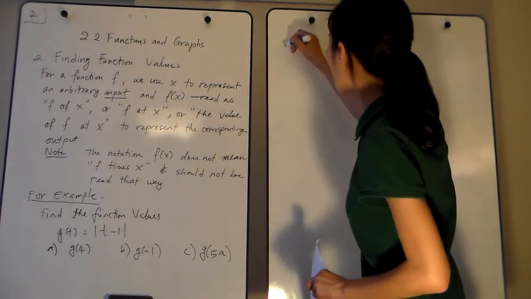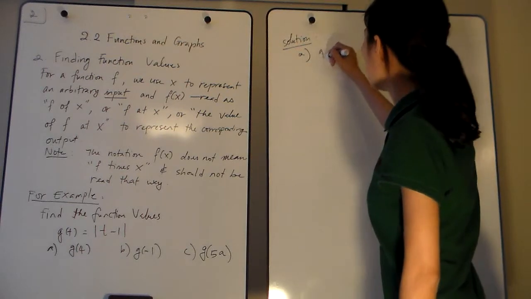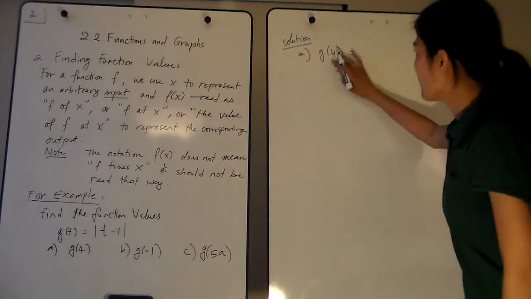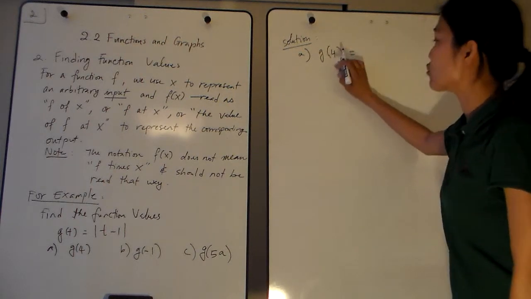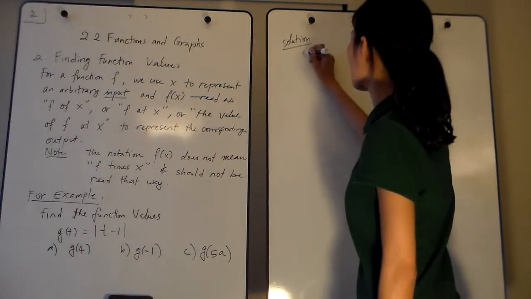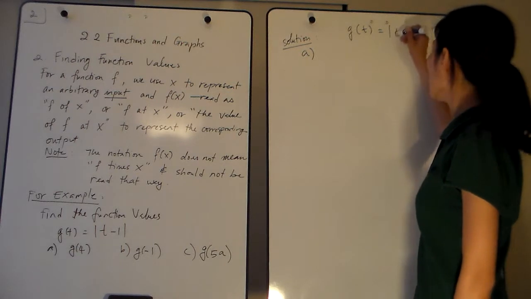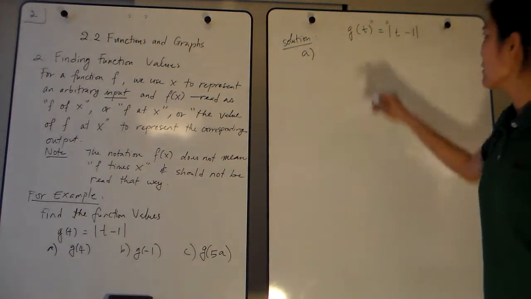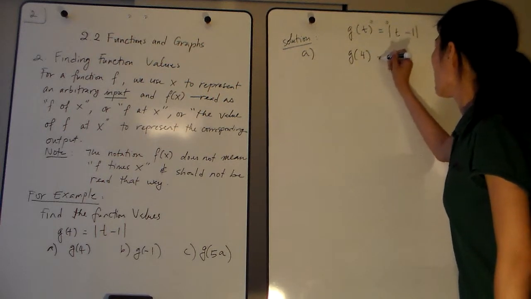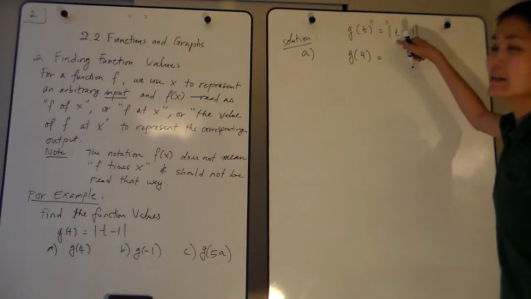Alright, the solution for part A, g of 4. To solve this, you substitute this value right here, 4, into the variable. Do you see that? Given g of t is equal to the absolute value of t minus 1, when you replace t with 4, you would substitute the value 4 for t.